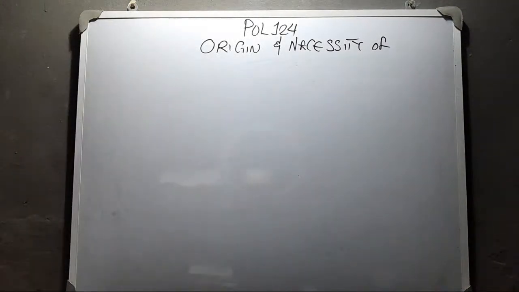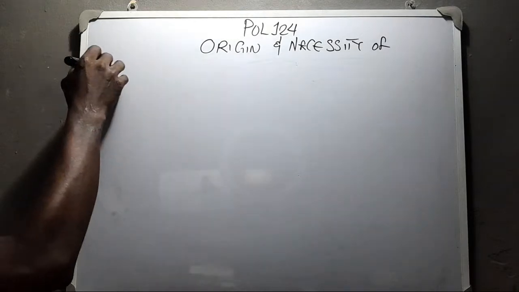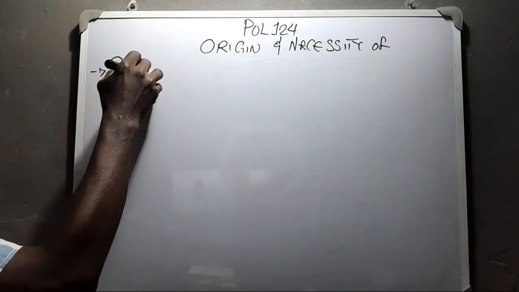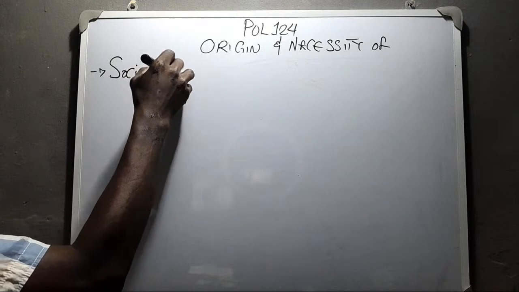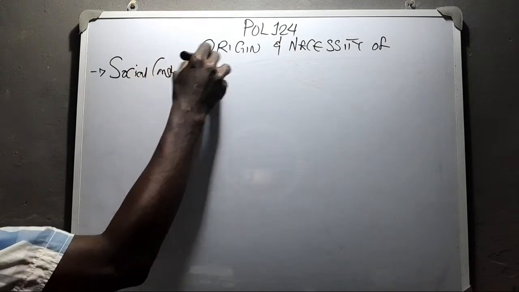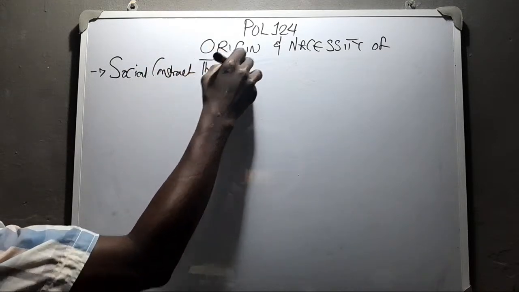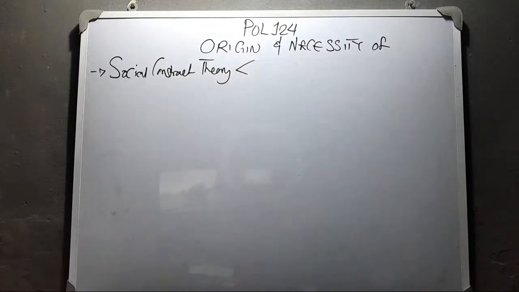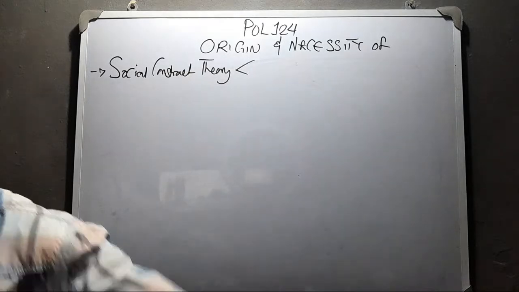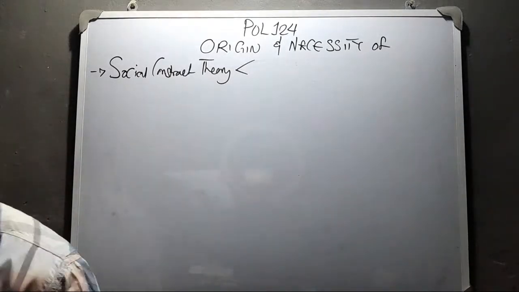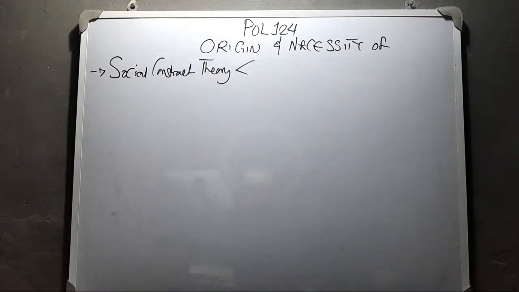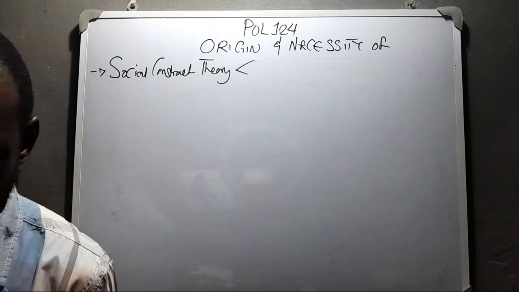Now we have the social construct theory. This is a theory of government that results from centuries of frustration with the unchecked power of monarchs.